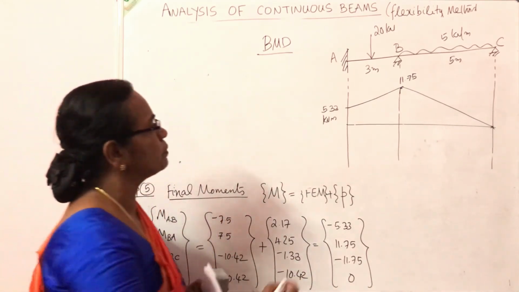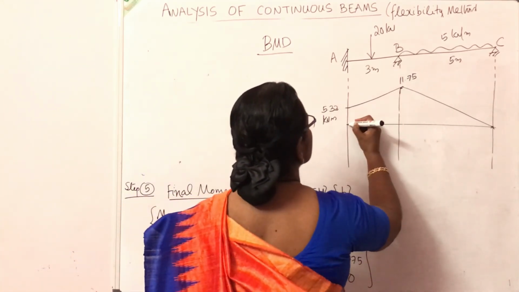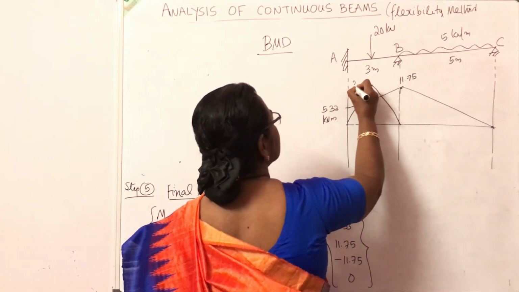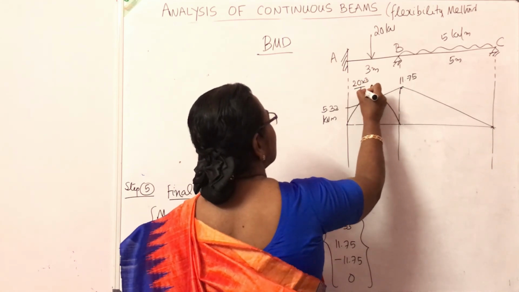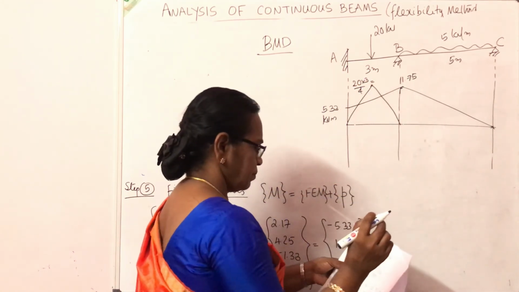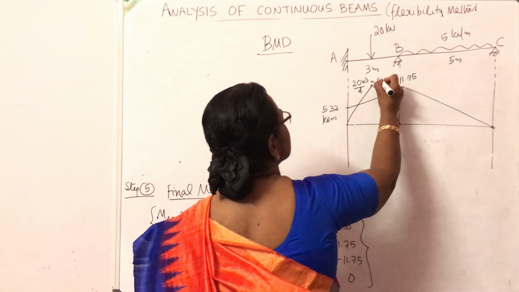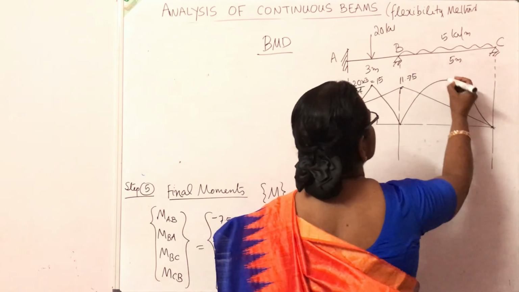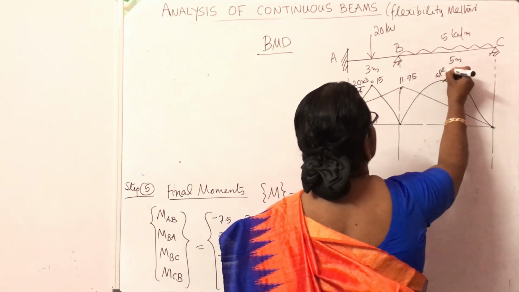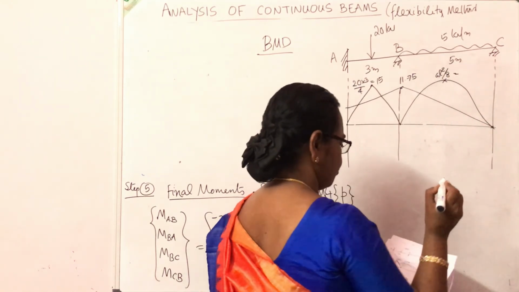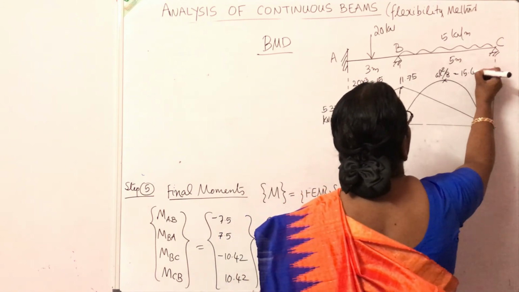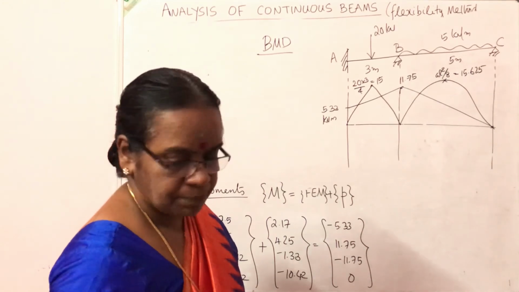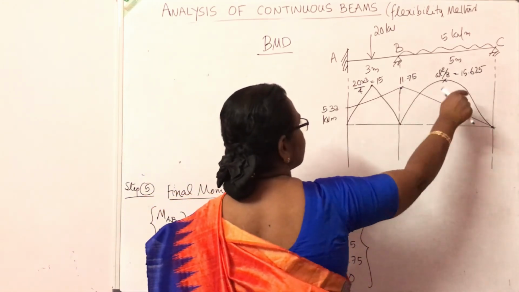Superimpose the simply supported bending moment diagram. 20 kilonewton, so it is WL by 4. It works out to 15 kilonewton meter. Here it is WL square by 8. It works out to 15.625 kilonewton meter. Now, a hogging moment diagram is superimposed with sagging diagram.